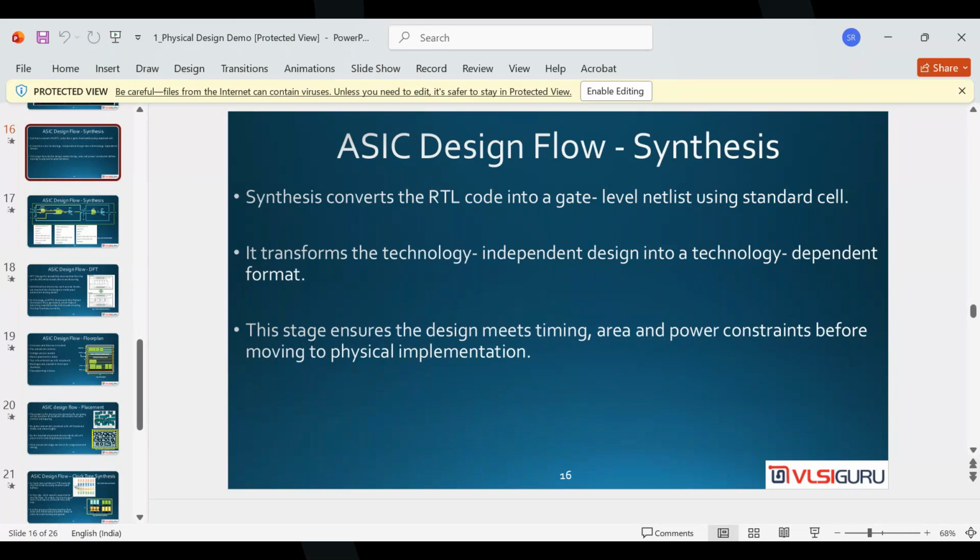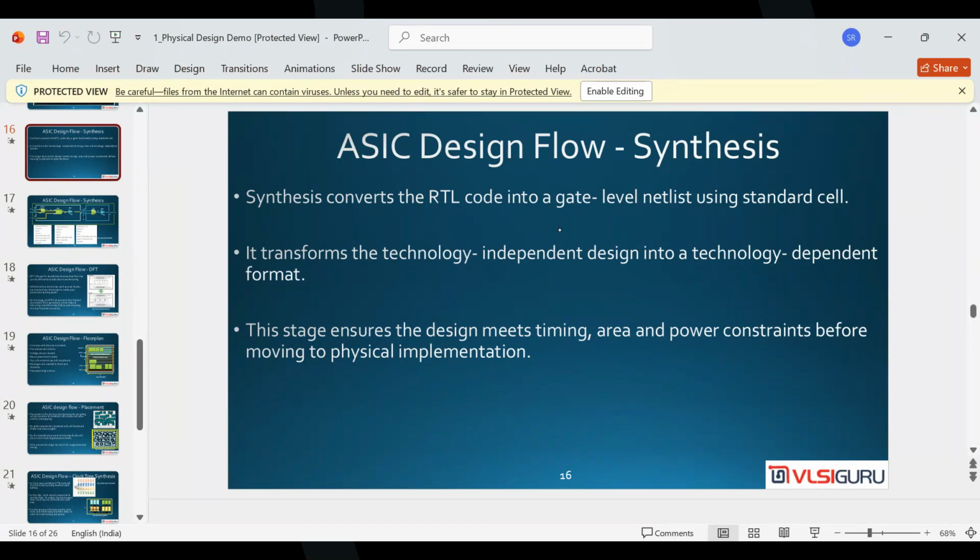Not possible, right? That is the synthesis stage where you need to include the technology node. Before synthesis, everything in the designing part is technology independent design. After synthesis, or from synthesis onwards, it is in technology dependent format.